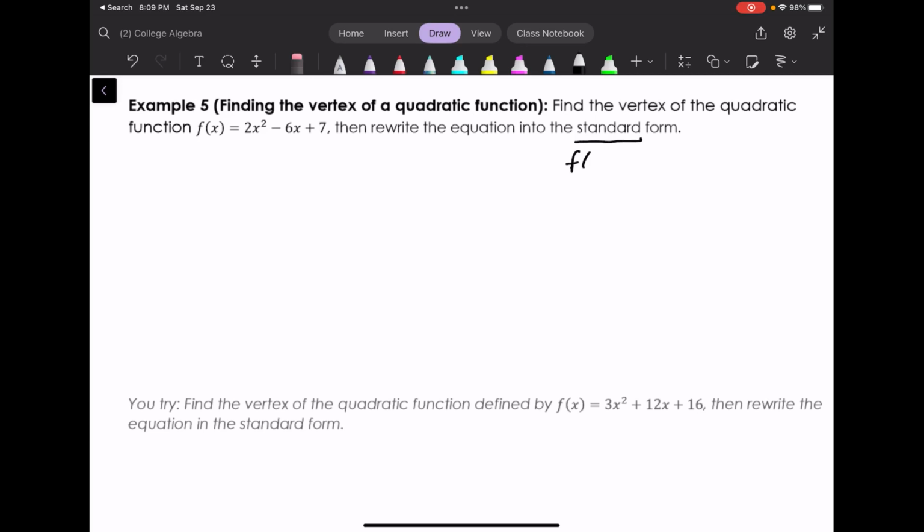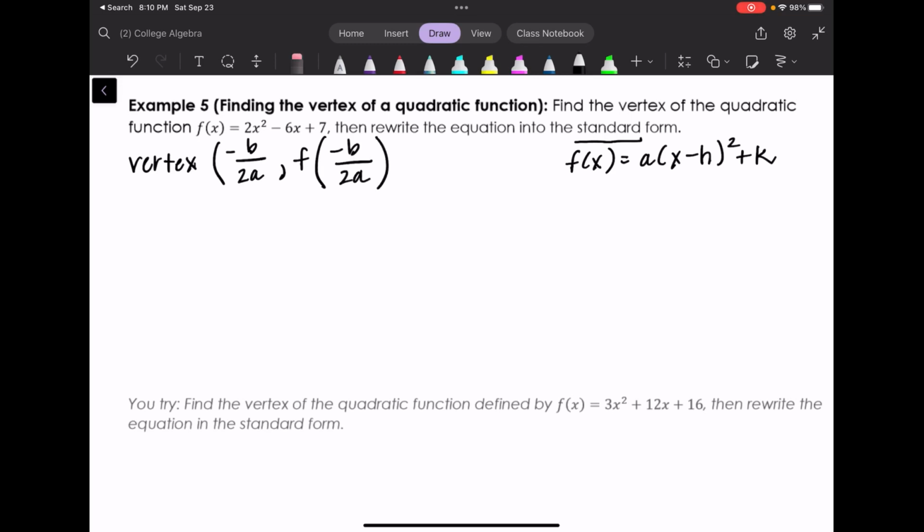So this is where I'm trying to get f of x equals a times x minus h squared plus k. And so remember, to get the vertex from this general form, the vertex is going to be given by the coordinate -b divided by 2a and f of -b divided by 2a.